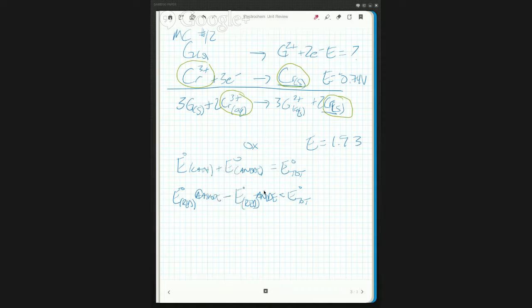So when they kept them as reductions, there was a minus. But if it was reduction and oxidation, then it's a plus, okay? So whatever this number is, what number plus negative 0.74 is going to equal 1.93.